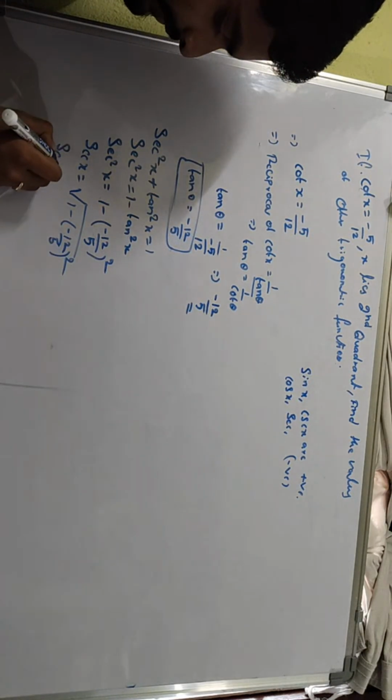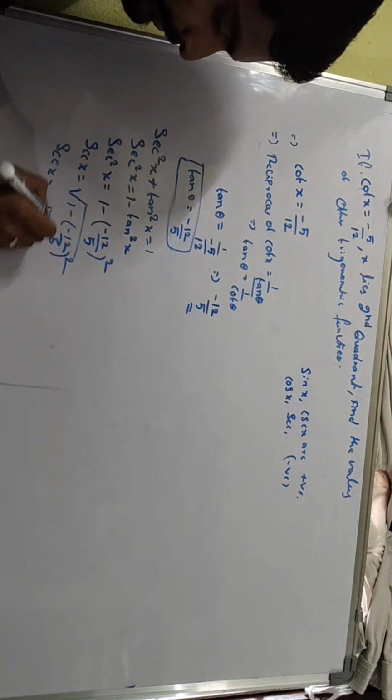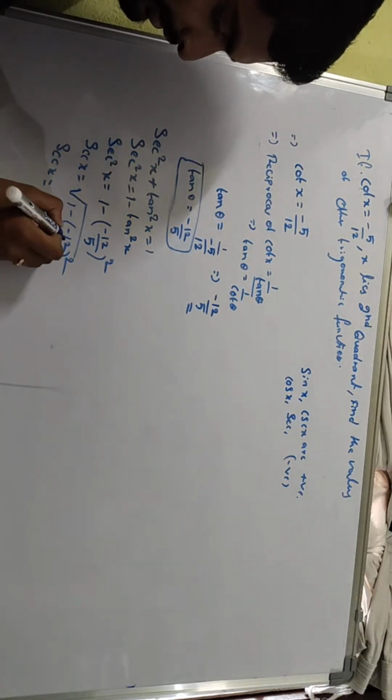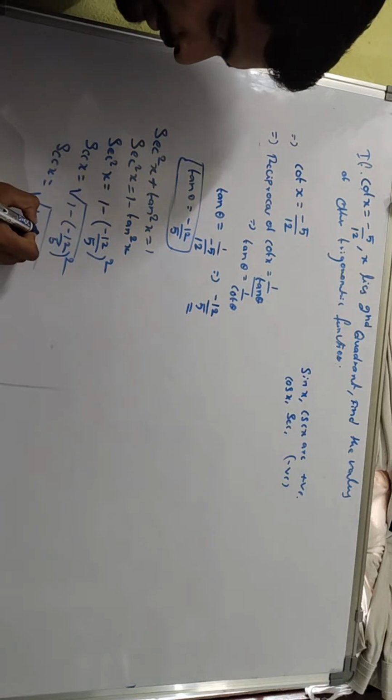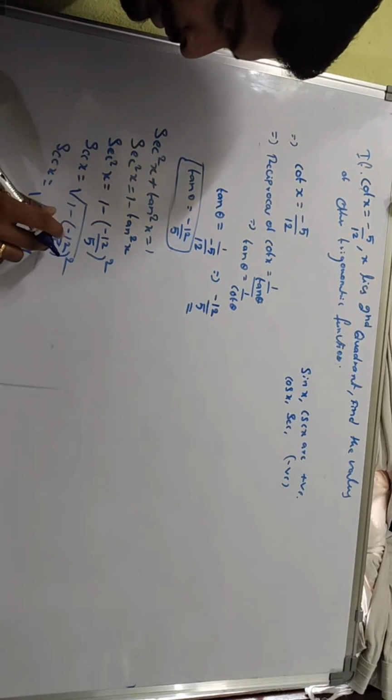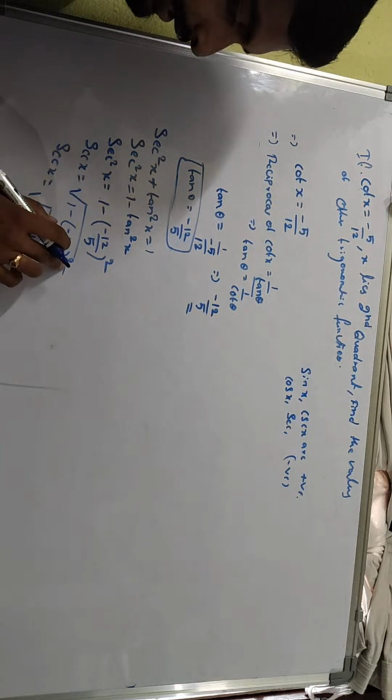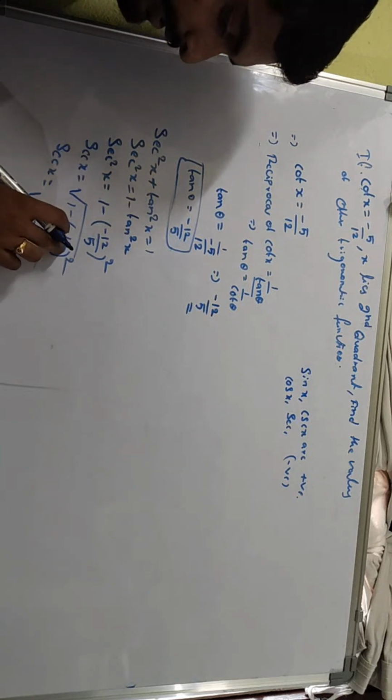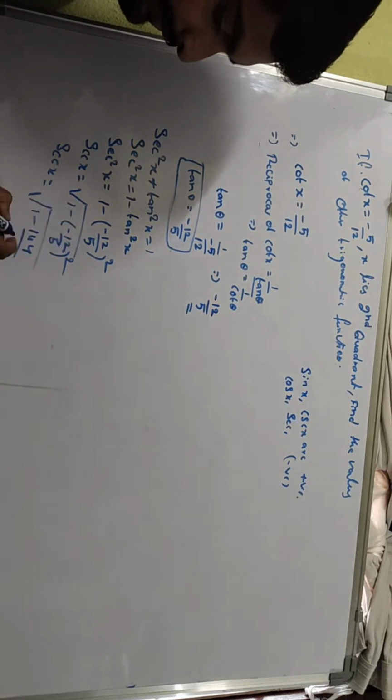So finally, for solving this, the LCM becomes 1 minus 12 whole square, that means 144, and the square applies to both numerator and denominator, 144 by 25.